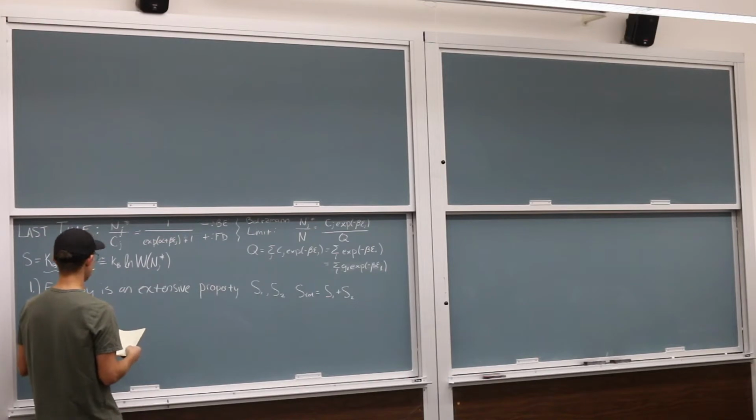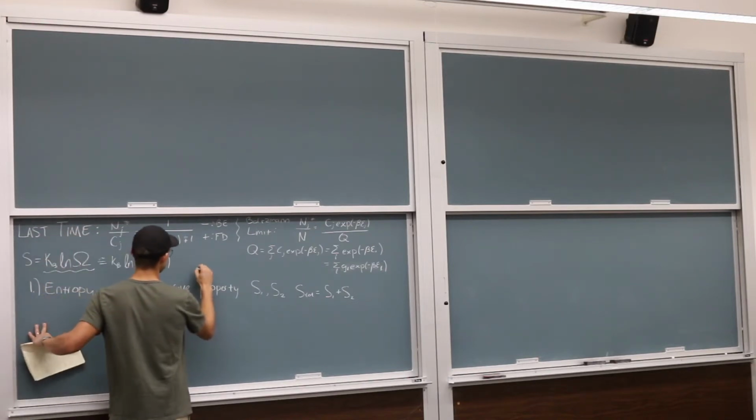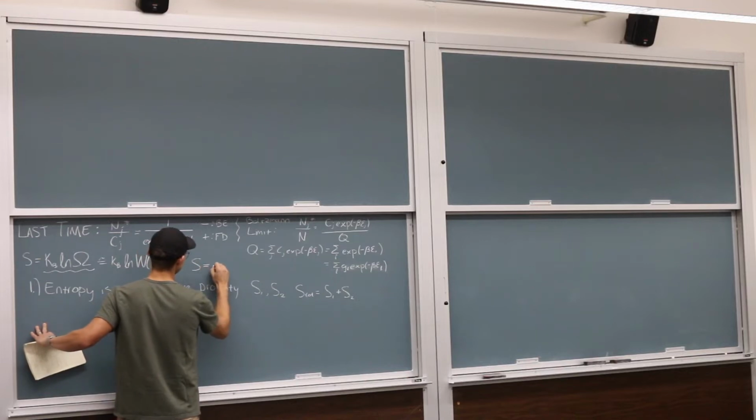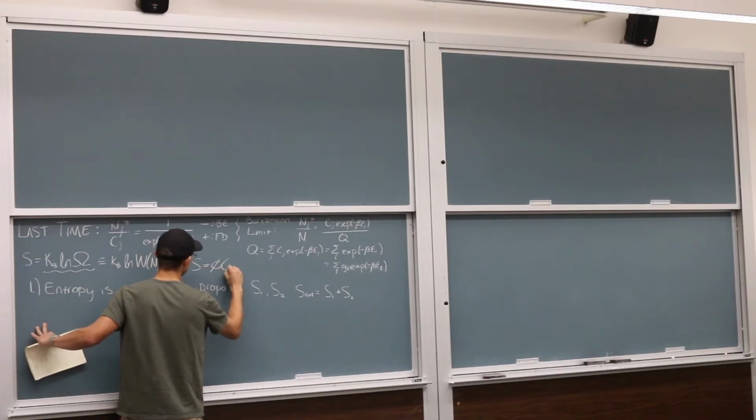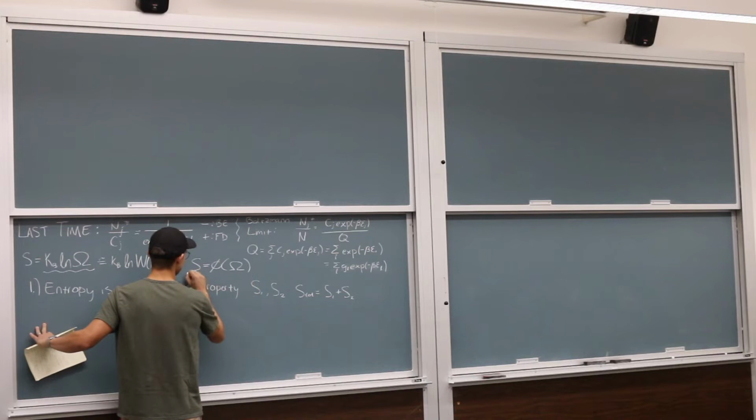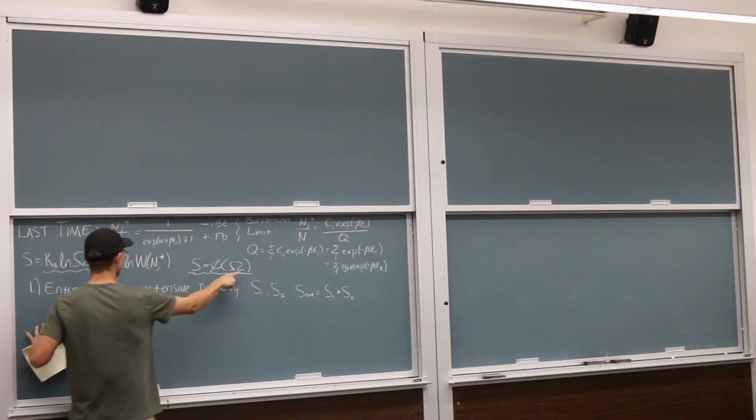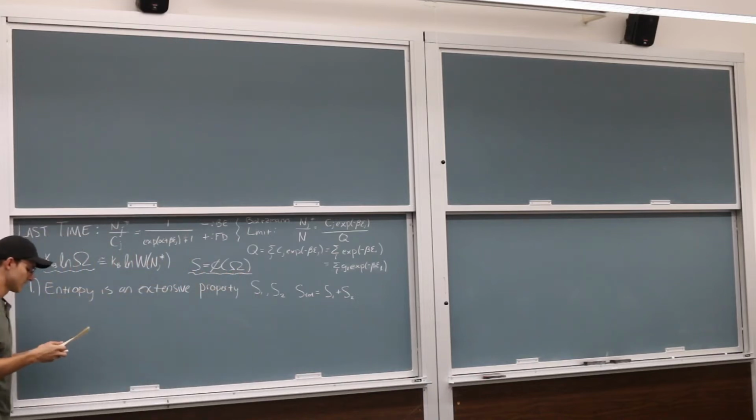So we'll actually just start here before we start talking about it. Let's just say that entropy is some function of the multiplicity. We're trying to find what that function is, just for the sake of discussion. And so we know that entropy is an extensive property.